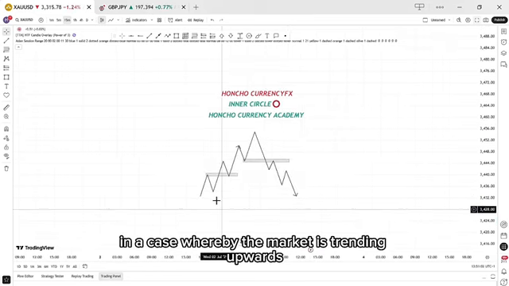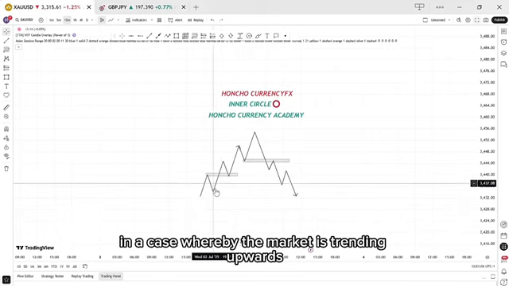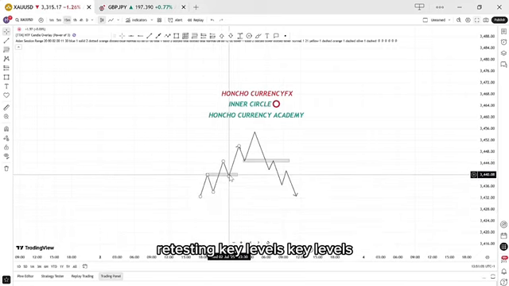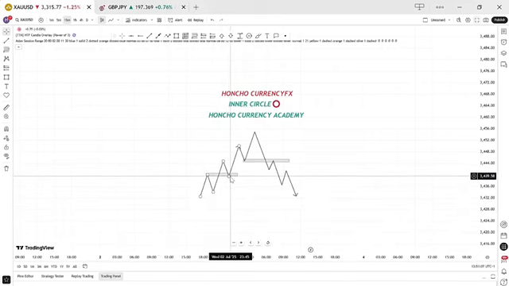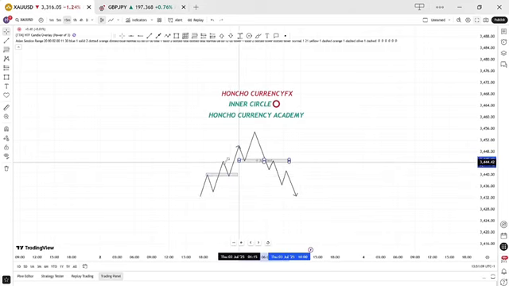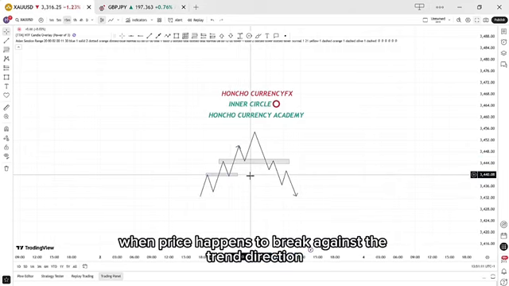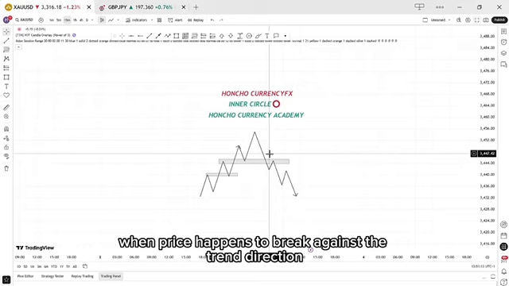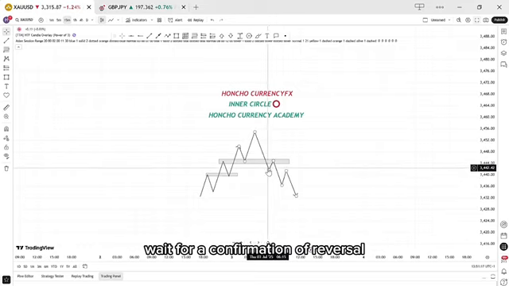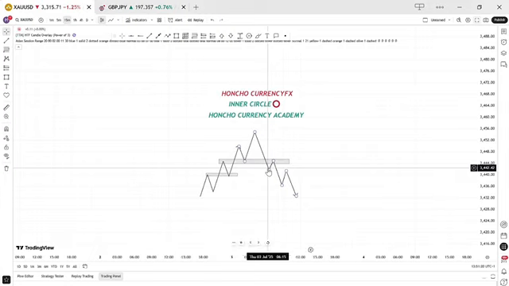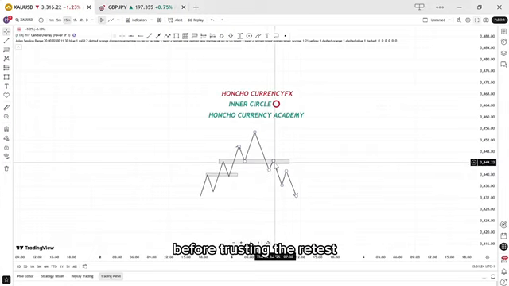In a case whereby the market is trending upwards, retesting key levels, when price happens to break against the trend direction, wait for a confirmation of reversal before trusting the retest.